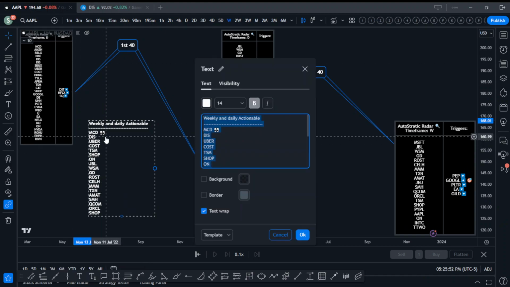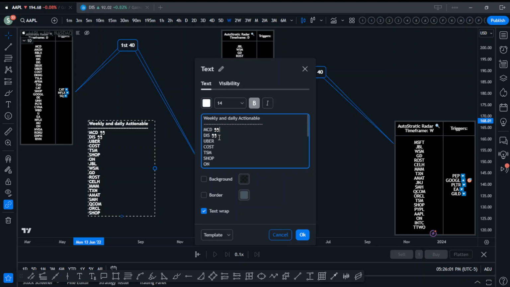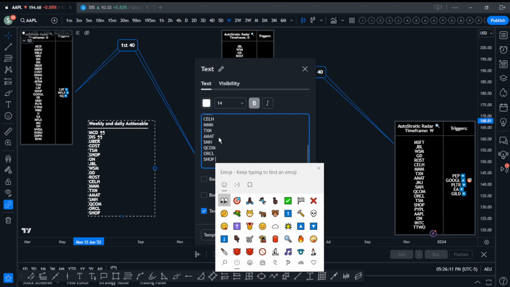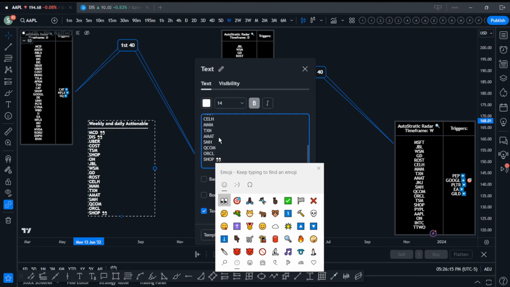And so let's just say, for example, I found that Disney looks good. This is just an example. As you can see, I only went through McDonald's and Disney. But let's say I did go through all of those, that process of going through all of those with this. So let's just, for example, say I saw that Shop looks good. I saw that Oracle looks good.